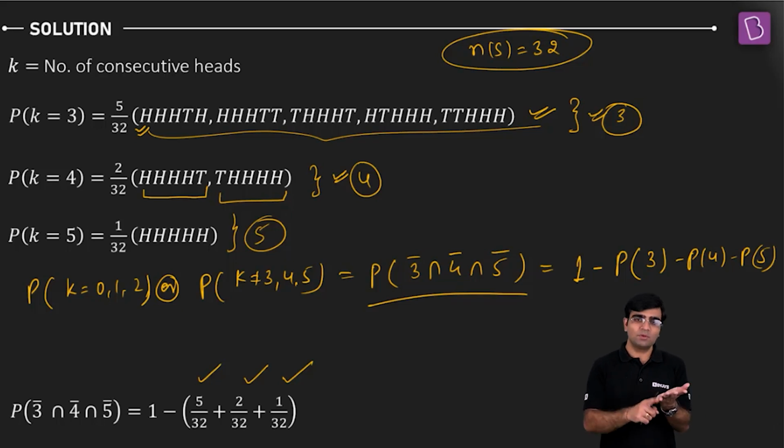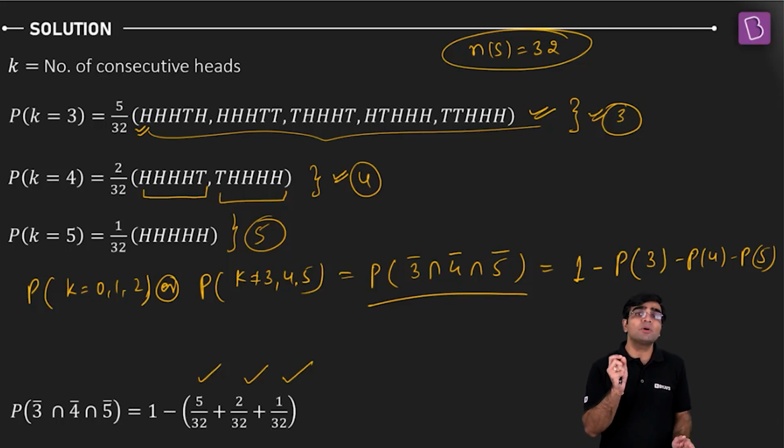What I'm left with is 0 consecutive heads, 1 consecutive head, 2 consecutive heads. That's what I want. The interesting fact is that all these events, exactly that number of consecutive heads, are what? Exclusive, right? If one event is happening, the other won't happen. So if I have 3 consecutive heads, of course I will not have 2 consecutive heads or 4 consecutive heads or 5 consecutive heads. So they have nothing in common, right?